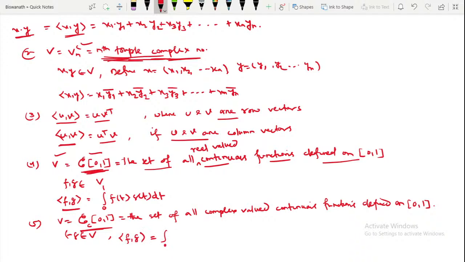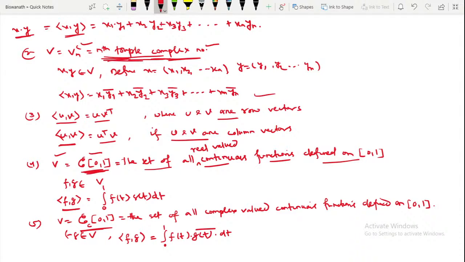This will be the integration from 0 to 1 of f(t) times the conjugate of g(t) dt. Okay. So now we studied here 5 types of inner product if the V, that means the vector space, is different.